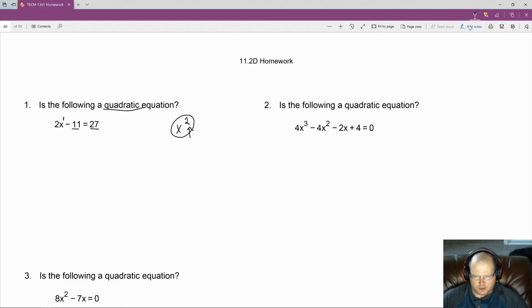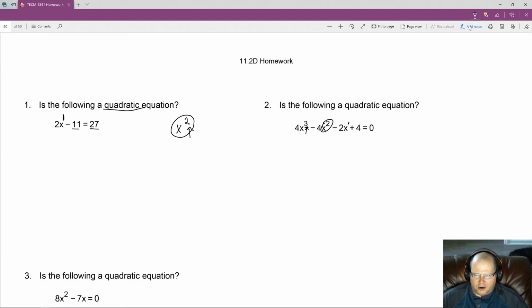Let's move on to the next one. Now, the previous one only had one variable with an understood, implied 1 exponent. Here we actually do have a second power, but the power of this entire polynomial is equal to the power of the term with the highest power. So we have a 0 power there, the constant.